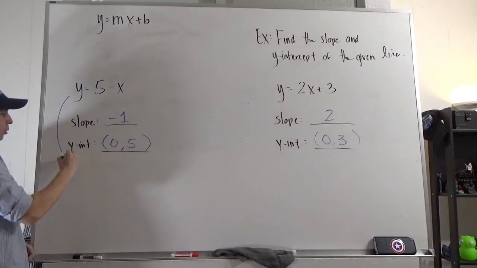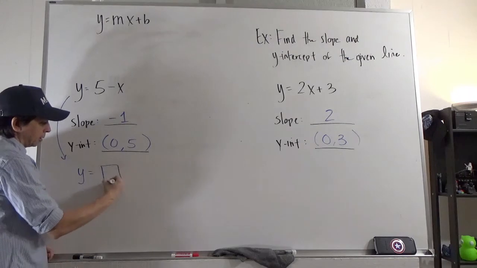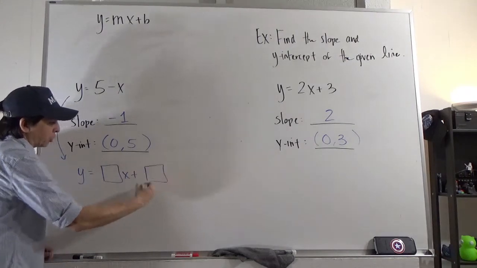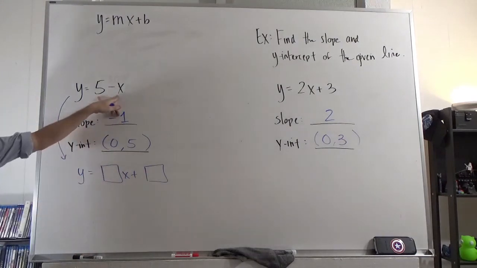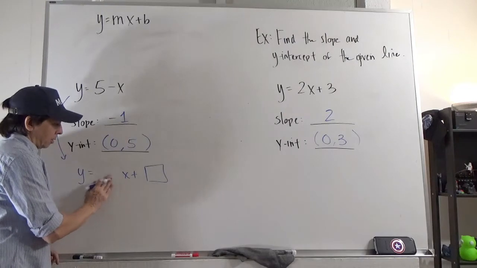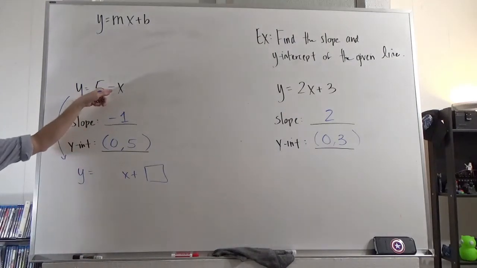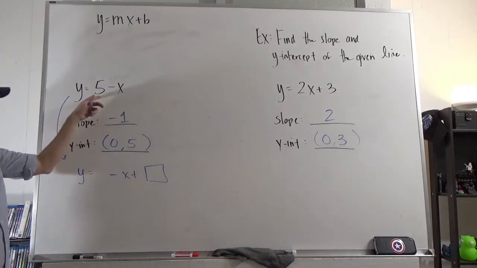You can think of it that way. You don't have to. If you can identify that, you're good. But if you really want to think about it and understand, you need to have it in this form of some coefficient times x plus something. And what you have to do is rearrange these terms so the x is out front. And when you do that, that minus is attached to it. It goes with it. So it's going to be negative x, and that 5 is just a plus 5.